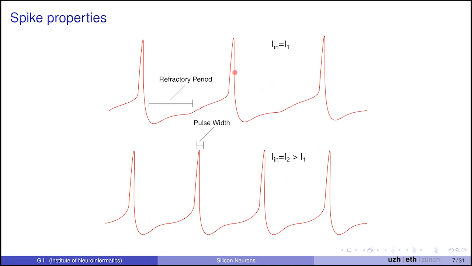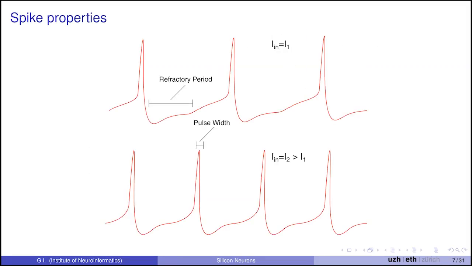So if you just stimulate these neurons at some current, you will get some output firing rate. And if you increase the current, you increase the output firing rate. Actually, there is a very nice linear range where if you double the current, you double the rate. So these neurons, for some part of their activation function, behave as a linear current to frequency converter.